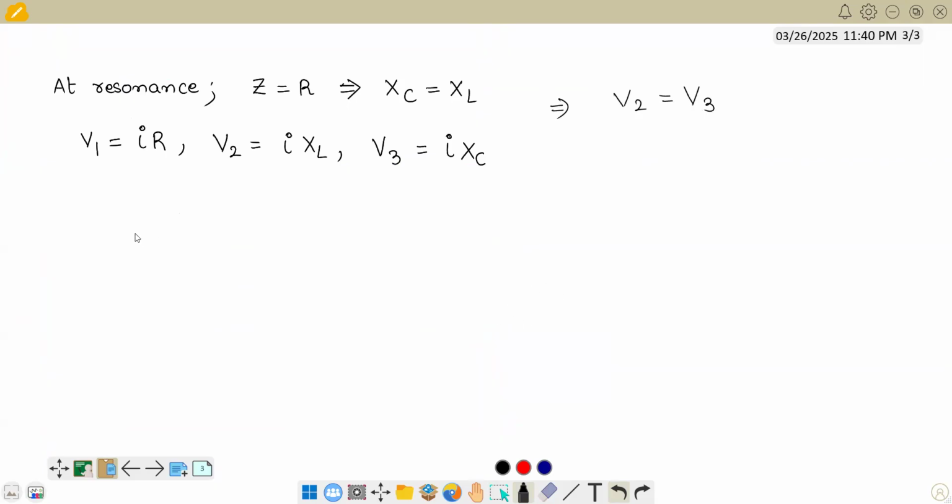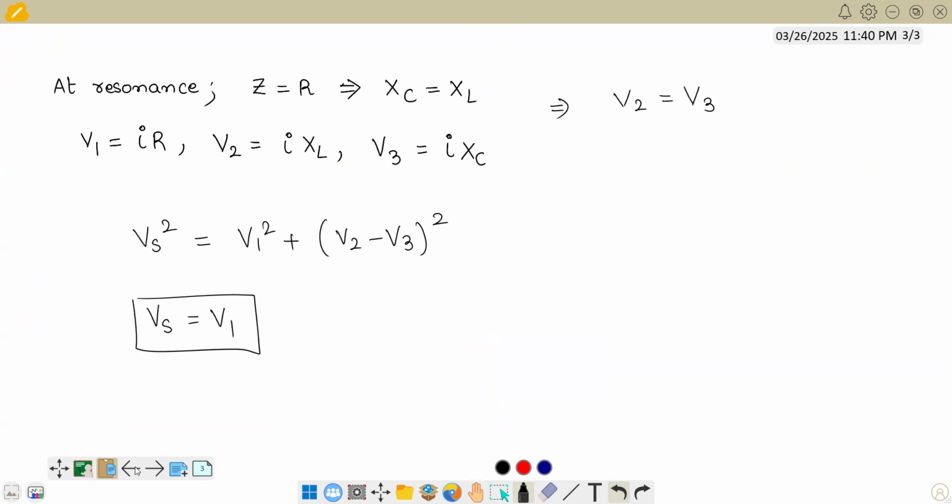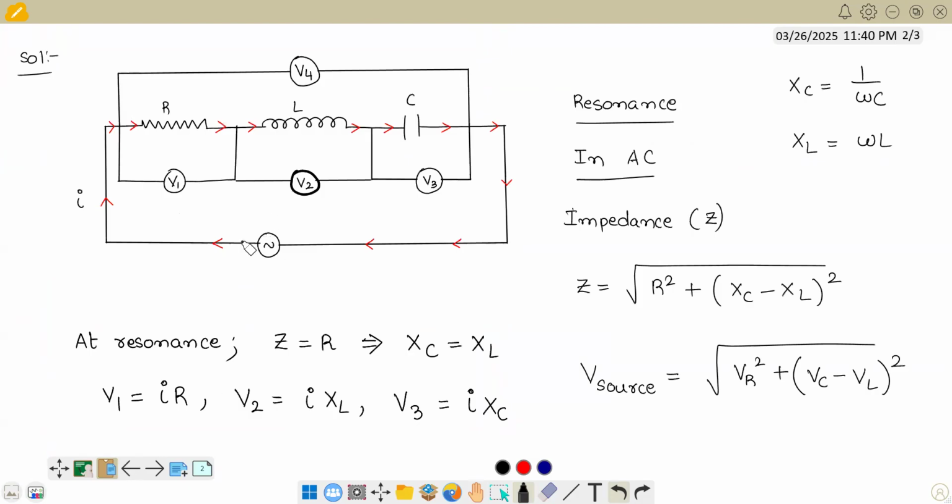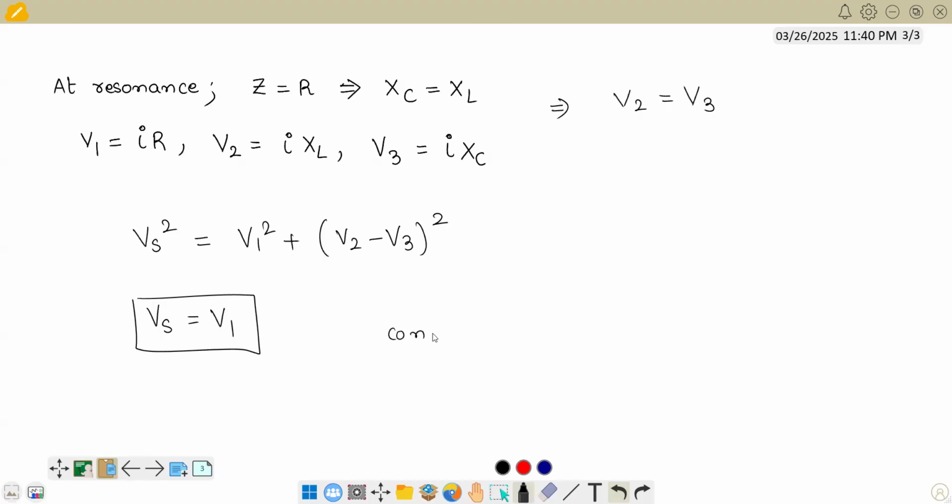Not only that, we know V source square equals V1 square plus (V2 minus V3) whole square, or (V3 minus V2) whole square, anything is fine. Since V2 equals V3, we can even tell that V source would be equal to V1. So based on that logic, who is representing the total voltage? Total voltage is represented by V4.